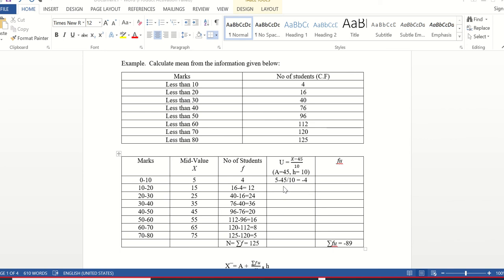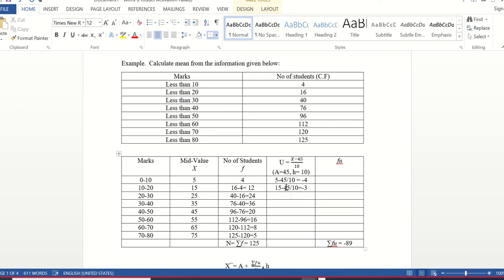Now we will apply the same formula in each of the class intervals. So next, x is 15. 15 minus 45 divided by h, which is 10, right? 15 minus 45 is minus 30, so minus 30 by 10 is minus 3.